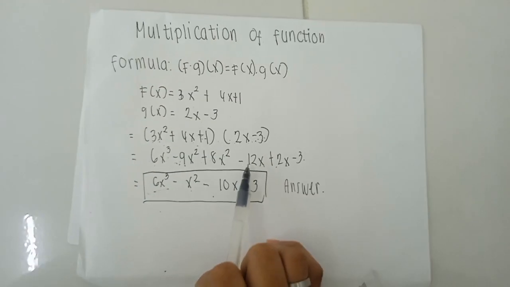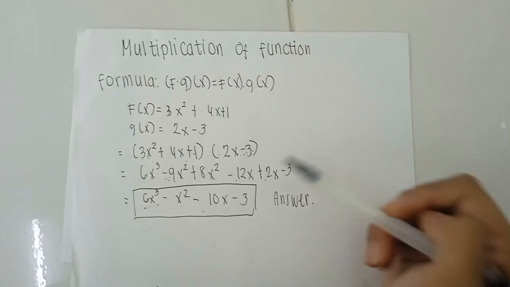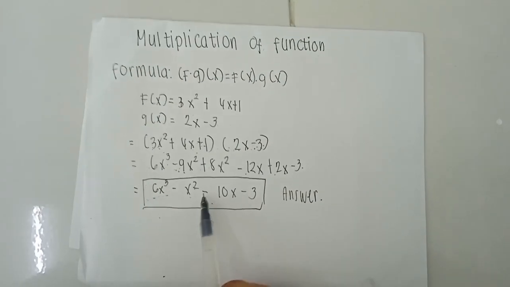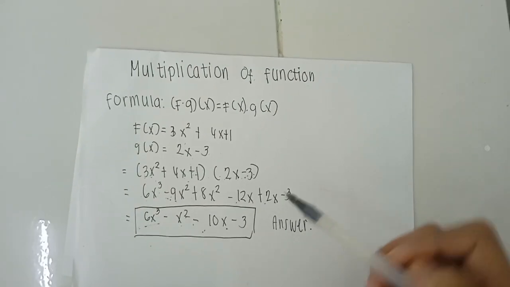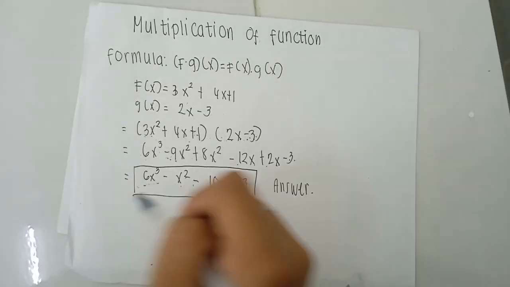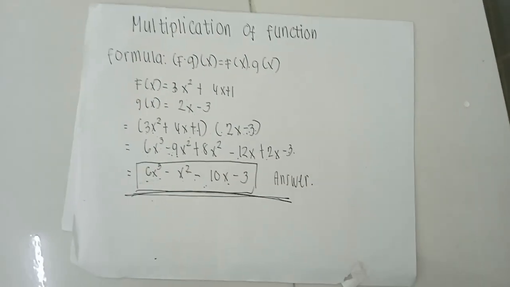So negative 12x plus 2x is equal negative 10x. So bring down the negative 3. So that's the answer. Thank you.